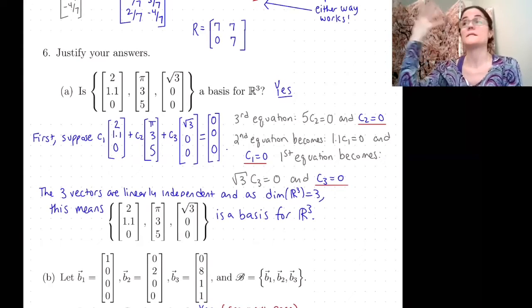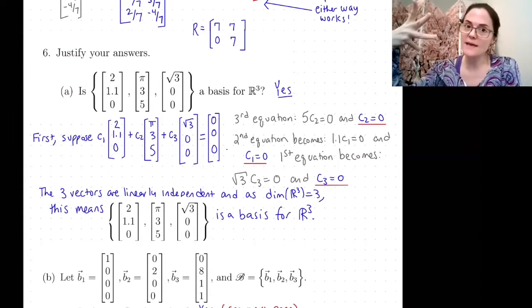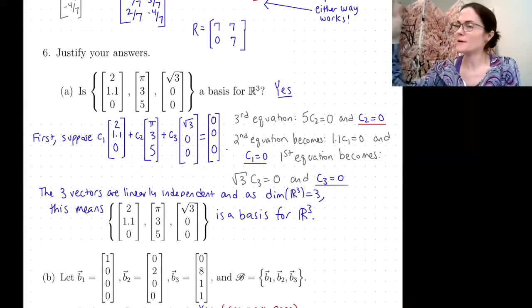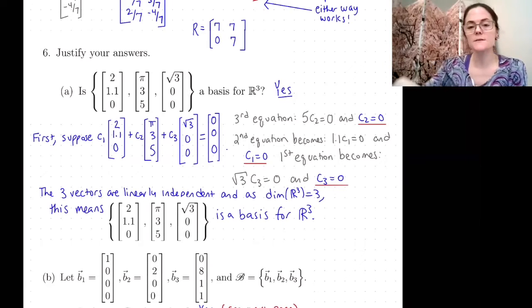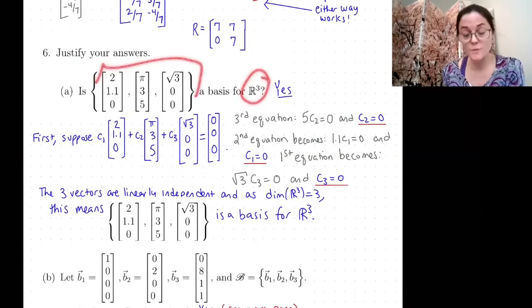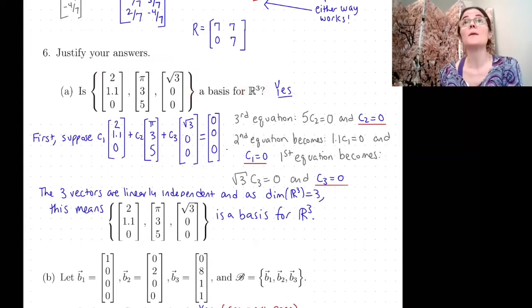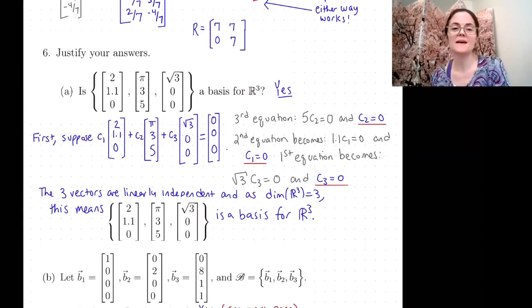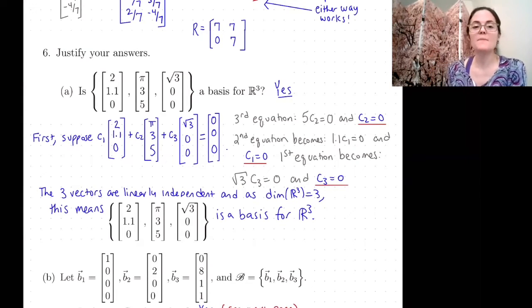Equivalently, anytime we have 3 elements that are linearly independent in a 3-dimensional vector space, they are a basis. So when you have the right number, you only have to check either linearly independent or spans, and then you will know you have a basis.